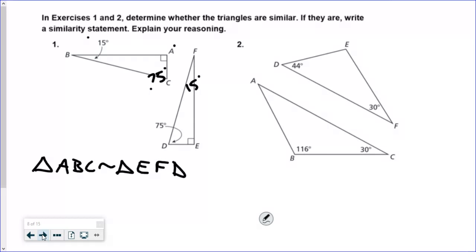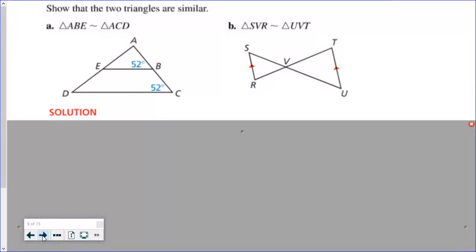This one, if I do 180 minus 16 minus 30, this gives me 34 degrees. There's not a 34-degree angle on that one, so they are not similar.